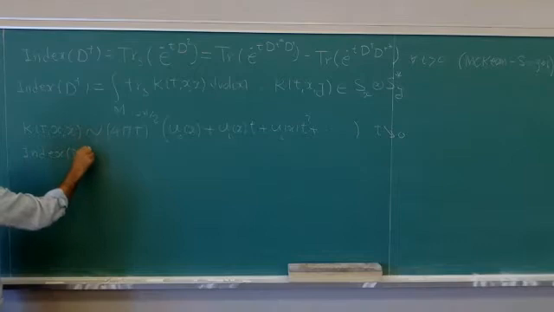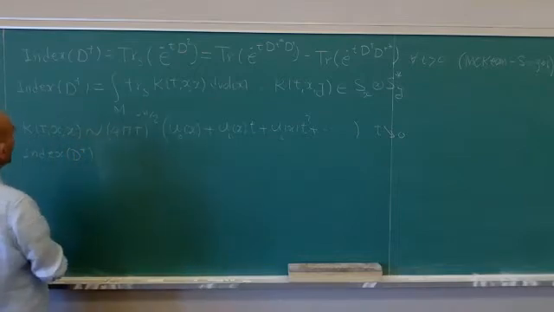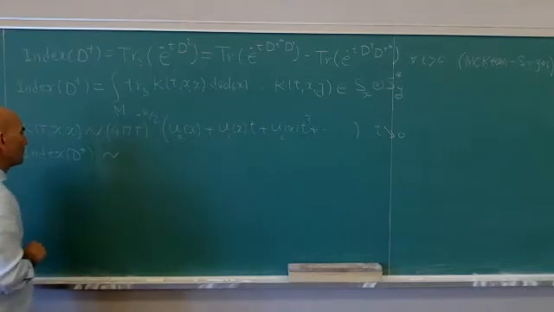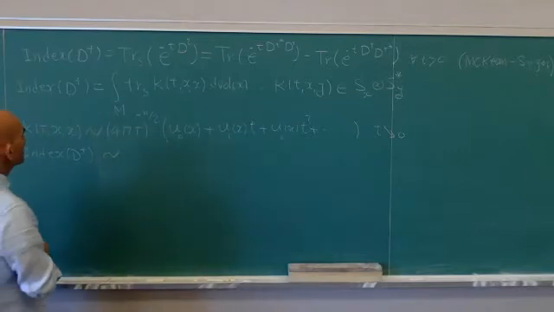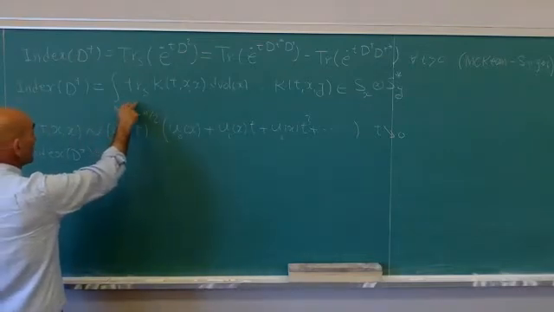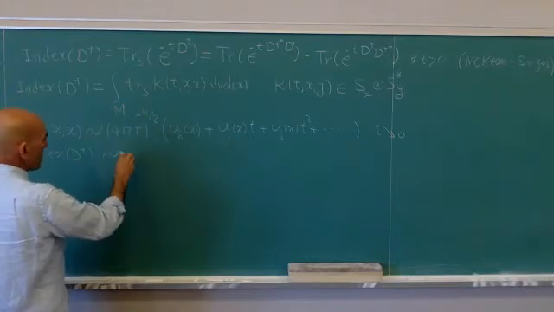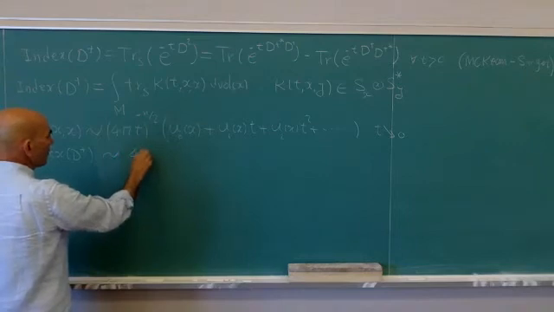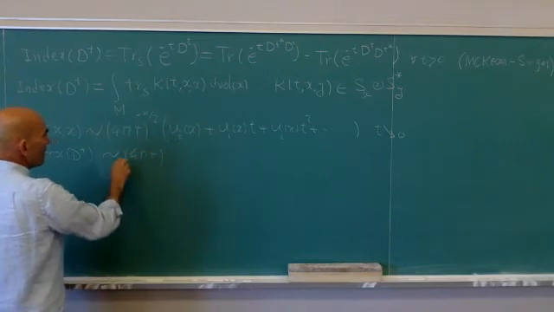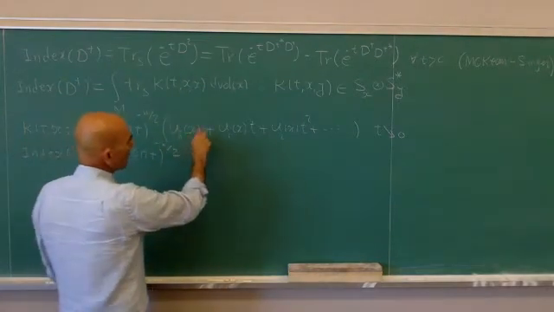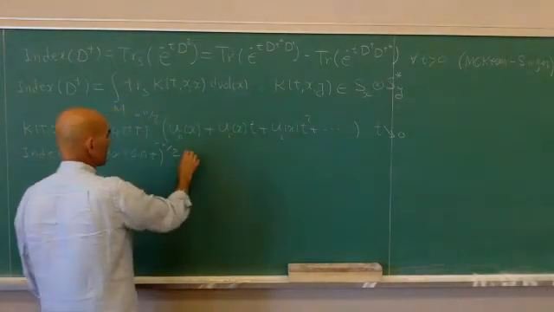So it follows that index of D plus is basically equal to this integral, but this integral is asymptotically given by that. So you can just write it as (4 pi t) to the minus n over 2, and now, term by term, integrate.